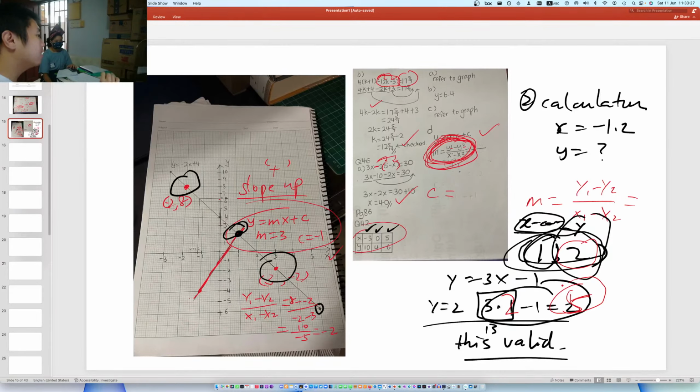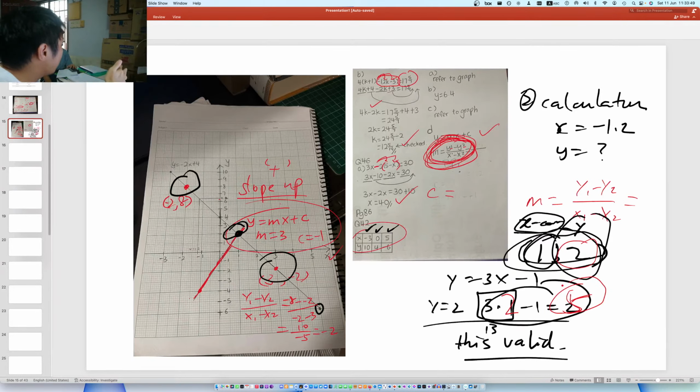The rationale for you to put this x and y into the equation that you get is to check whether it's valid or not. If it's valid, the equation is correct. If it's not valid, the equation is wrong.